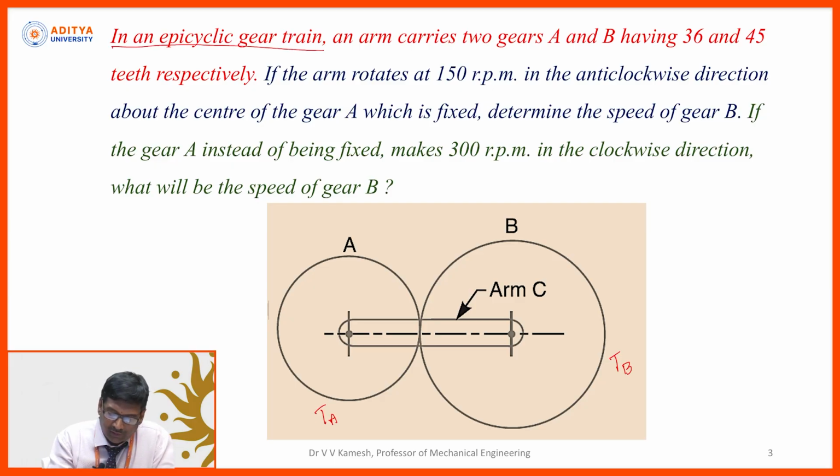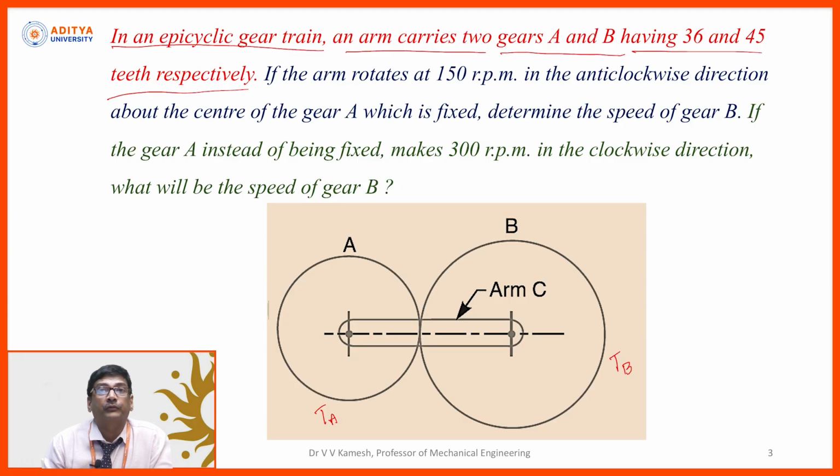In an epicyclic gear train, an arm carries 2 gears A and B having 36 and 45 teeth respectively. So TA will be 36 and TB will be 45. Now the conditions will start.